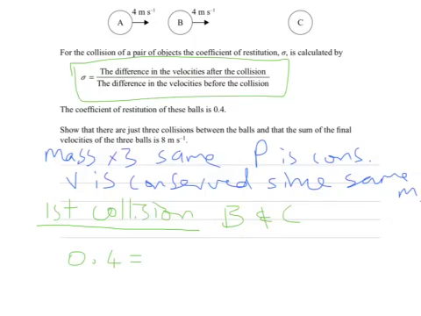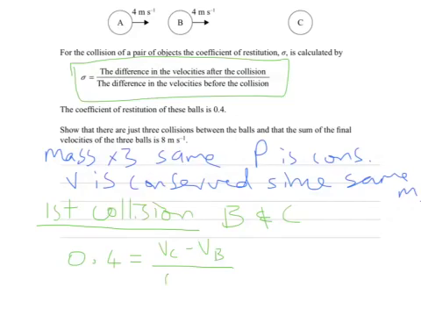Now, this doesn't tell you which one you should subtract first, the final or the initial. In actual fact, I don't think it matters, as long as you are consistent. So I'm going to do the ball on the right hand side minus the ball on the left hand side. So it'll be, for the velocities after the collision, which we don't know, VC minus VB, divided by the difference in velocities before the collision.